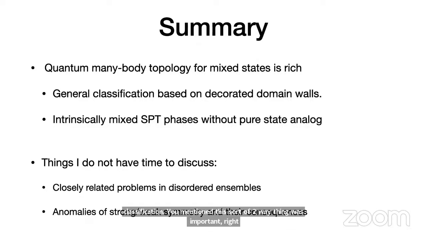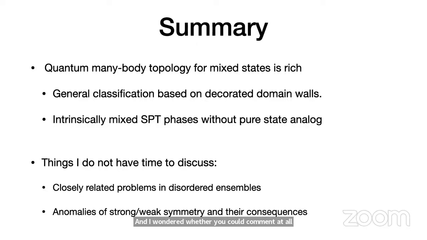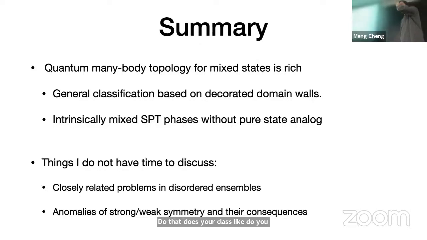I wondered whether you could comment on the following. Suppose I want to use a criterion of stability where I can write down a quantum channel that satisfies certain conditions for which this is a steady state. Does your classification tell you what those conditions would be, or is that completely unrelated?